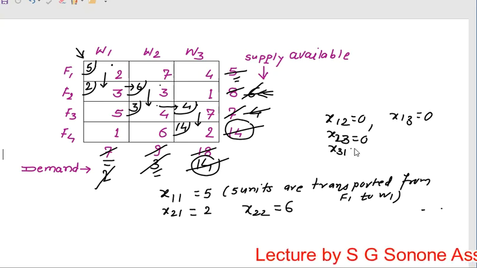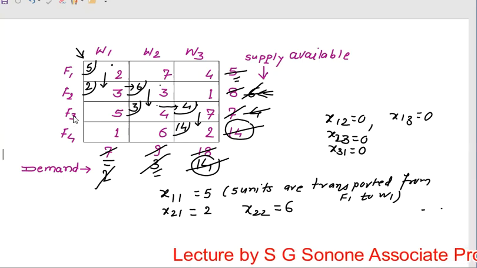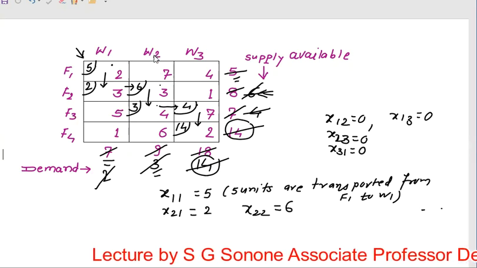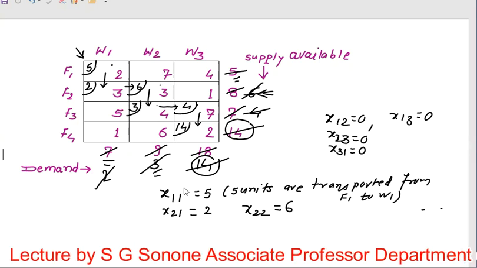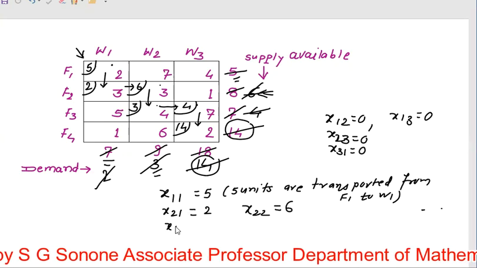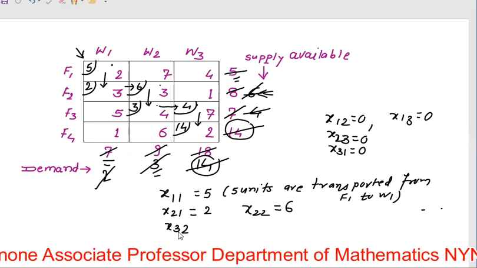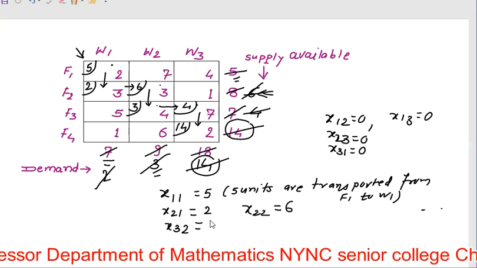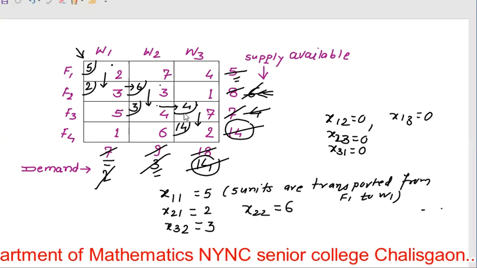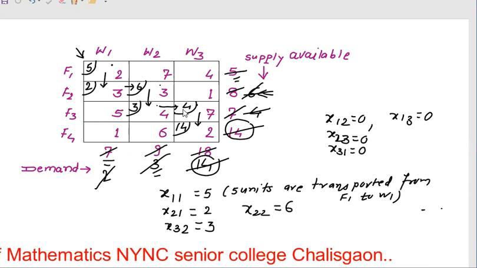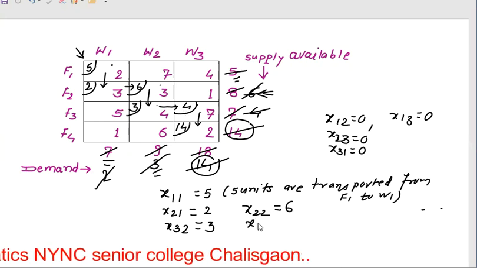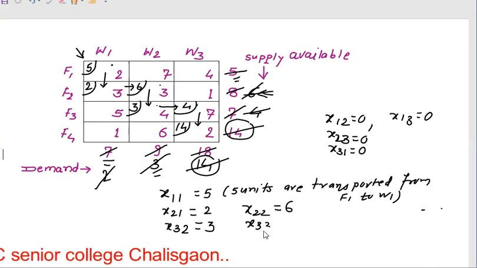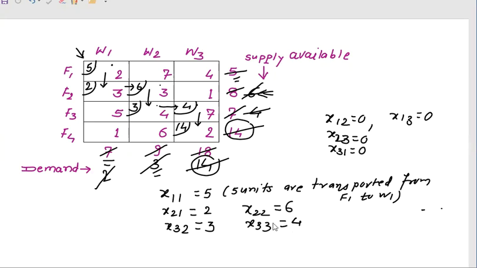No unit is transported. From F3 to W2, 3 units are transported. X32, quantity transported from third factory to second warehouse, is 3. And X33, that is quantity transported from third factory to third warehouse, is 4.